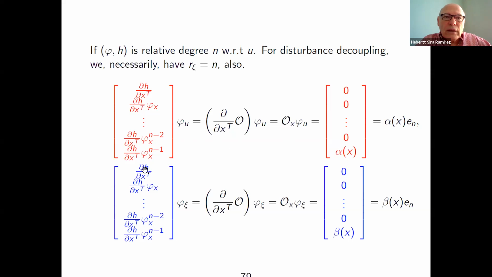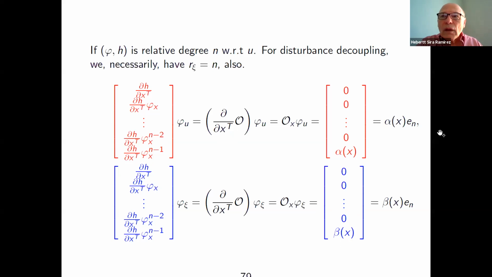So all the projections of this vector on the gradient of the output matrix give you zero components, except the last one, in the same manner that the control input does. So the input and the disturbance exhibit the same relative degree in reference to the output.